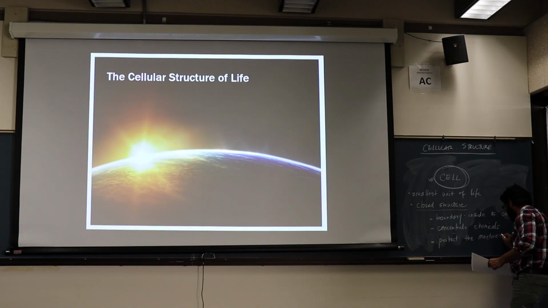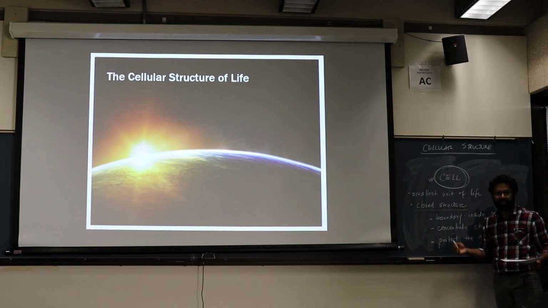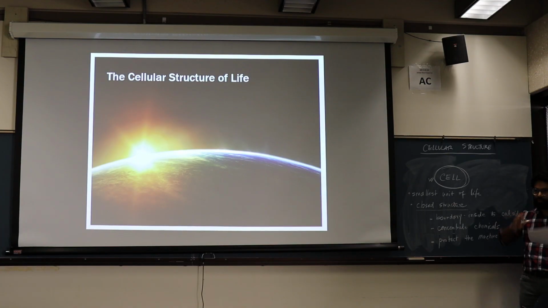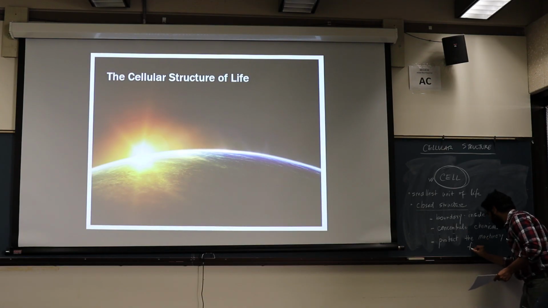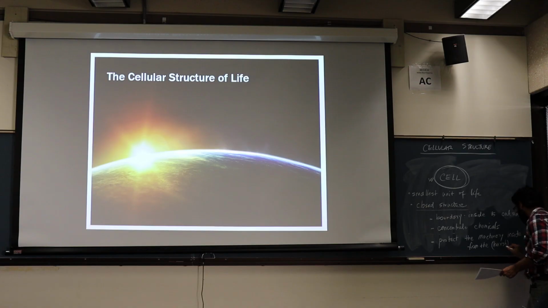You can imagine that this cell is not just a passive soup of chemicals. It's an active machinery. It's a factory that is inside. It is doing things, right? So protect the machinery that is there in the inside from the maybe harsh environment.